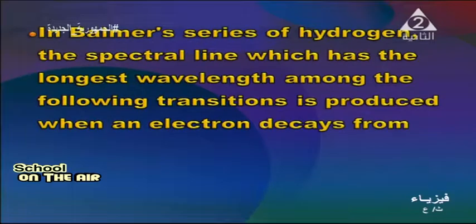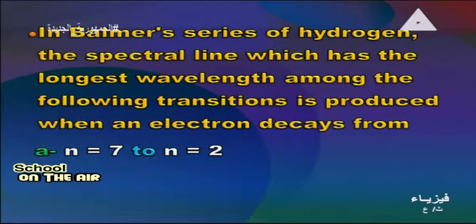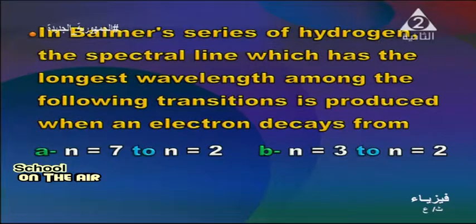Another choice. In Balmer's series of hydrogen, the spectral line which has the longest wavelength among the following transitions is produced when an electron decays from N equals 7 to N equals 2. In Balmer's, electrons should decay to N equals 2.